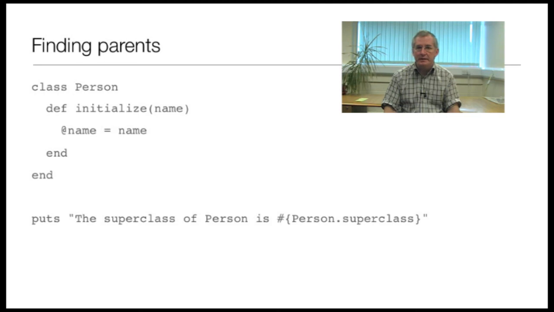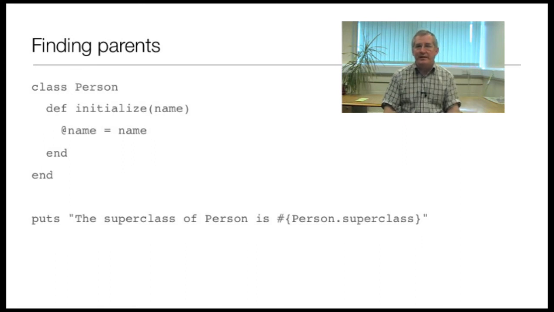So when we create a new instance of person, we can initialize the value of the instance variable to a name, and we can print out a simple statement here that says the superclass of a person is.